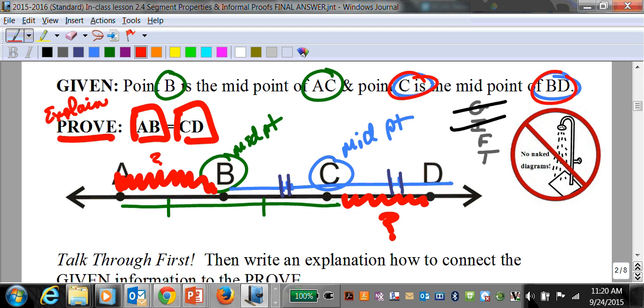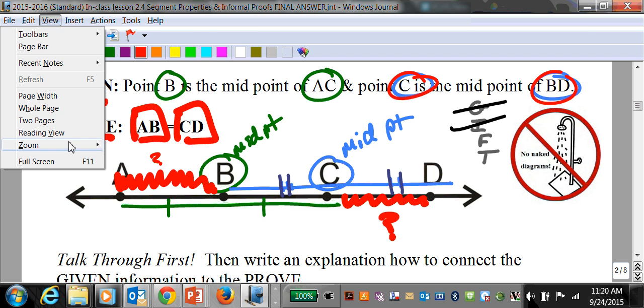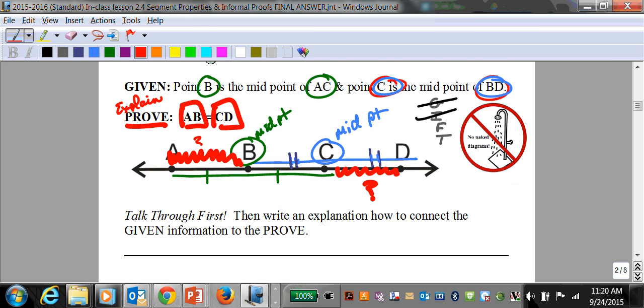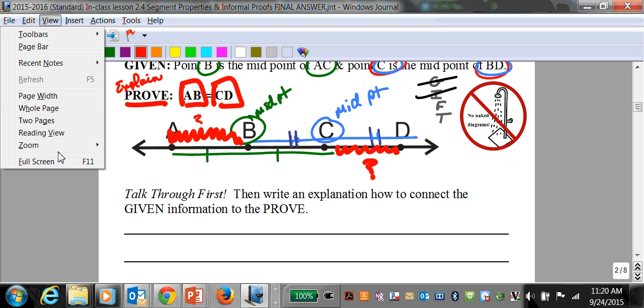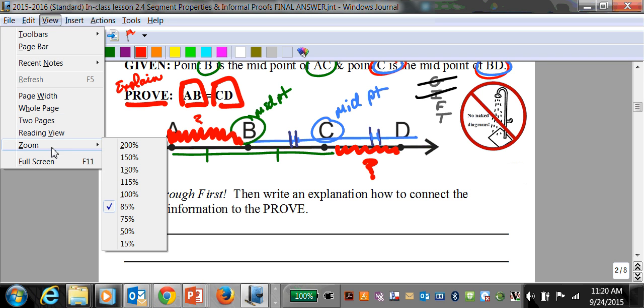Okay, ready, guys? Now that you've talked, I want you to sit down here. You're going to write 4 sentences explaining, and I want complete sentences here, okay? Complete sentences.